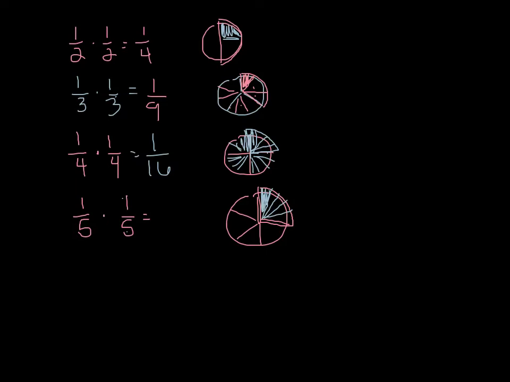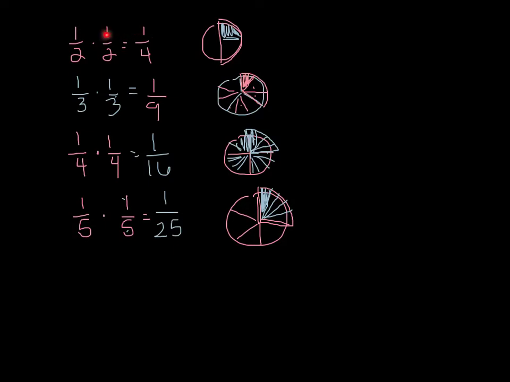That's 1 out of, and this is split into 5 pieces, so 5, 10, 15, 20, 25. 25.